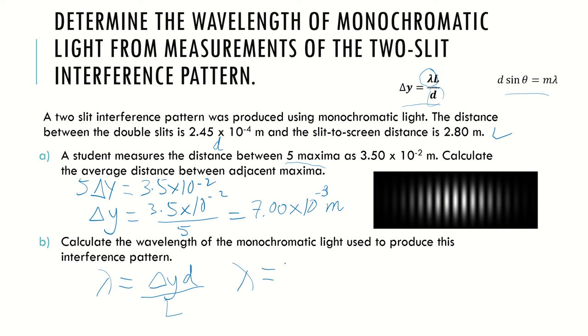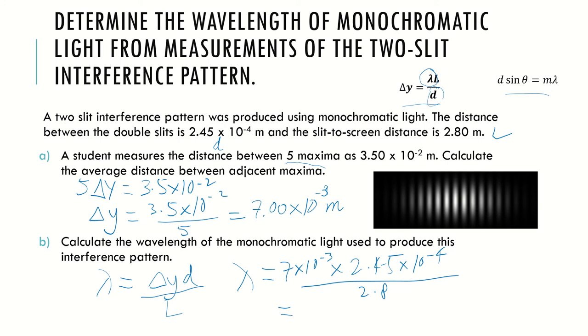So delta y is 7 times 10 to the minus 3 multiplied by d, which is our double slit distance, or the distance between the double slits, and then divide by the screen to slit distance, which is 2.8 meters.